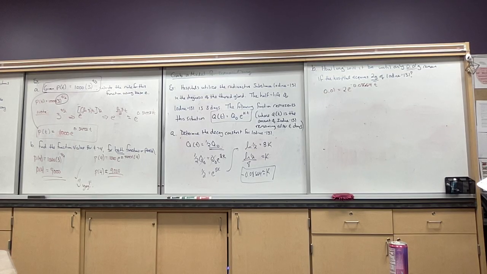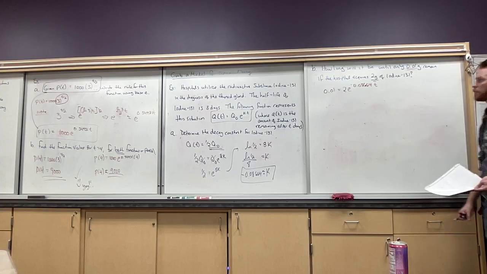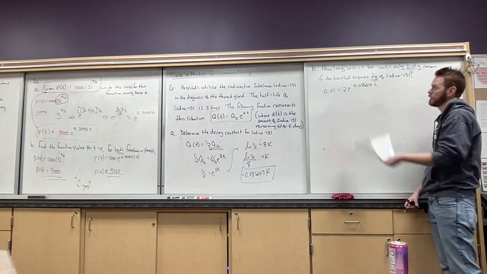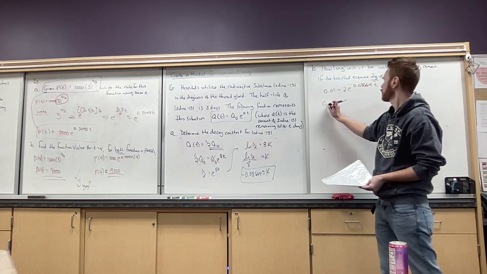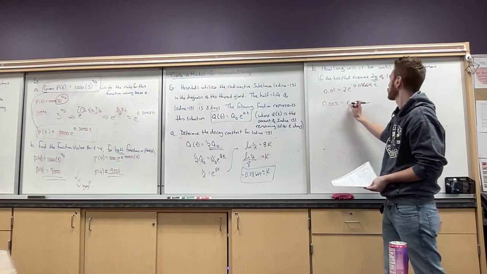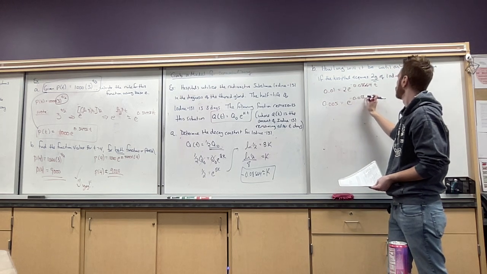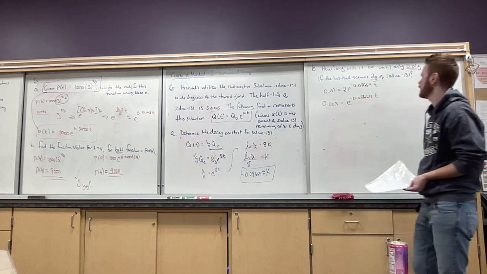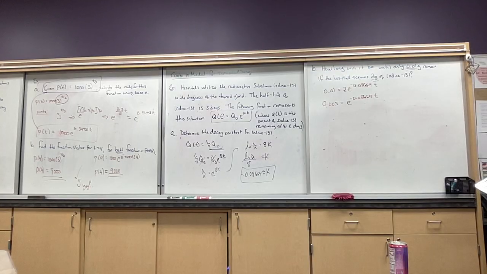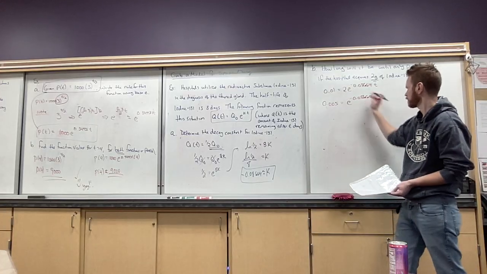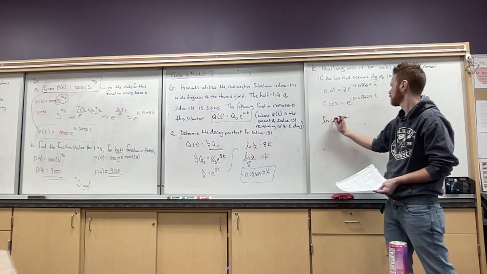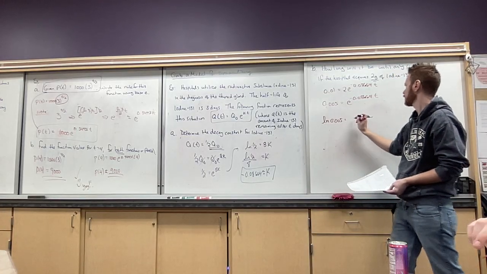Any questions on how I plug those values in? Now we just solve. So first step, I want to divide by 2. So this would be 0.005 equals E to the negative 0.08664 T. And then we'll take the natural log. Again, I'll just kind of leave that as just the exponent over here. I'll just simplify.